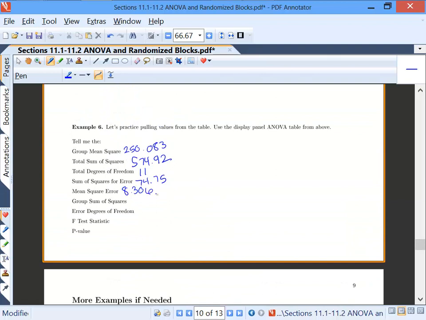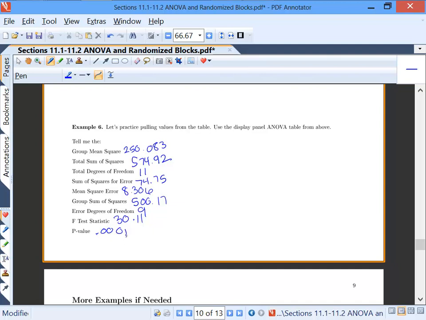Group sum of squares. 500. Error degrees of freedom. 9. F-test statistic. 30.11. P-value. 0.0001. Okay, so that's ANOVA.